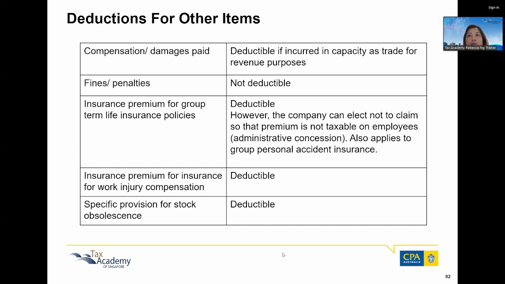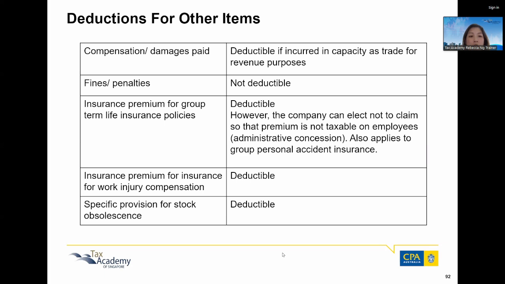But if let's say my trade creditors fine me for not paying on time, okay, so they are fines, but they are not actually fines, they are actually interest, right? Because you are supposed to pay on time, but you are not paying on time, so they are charging the company an interest, or they can name it as fines. So these expenses are deductible. Okay, so we will allow deduction for this. So only statutory fines are not deductible.